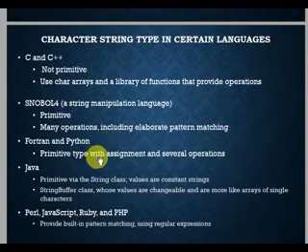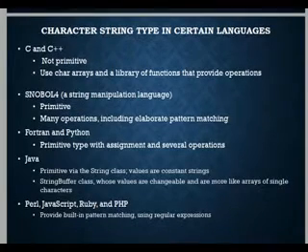In Fortran and Python, it is a primitive type with assignment and several operations. In Java, it is primitive via the String class, so values are constant strings, and the StringBuffer class is another such example. Ruby and PHP also provide built-in pattern matching using regular expressions.